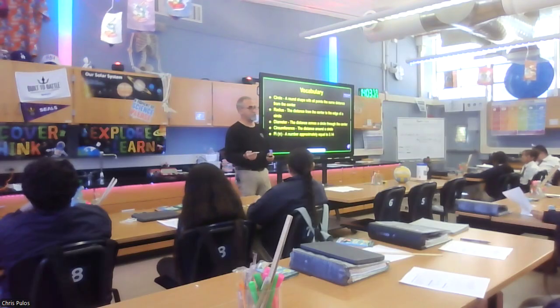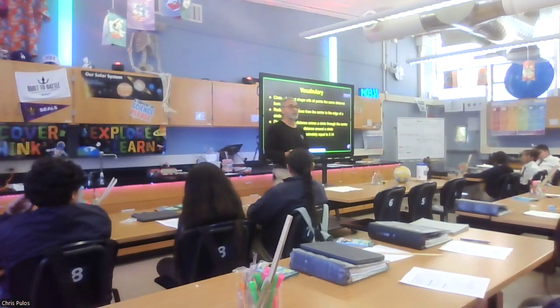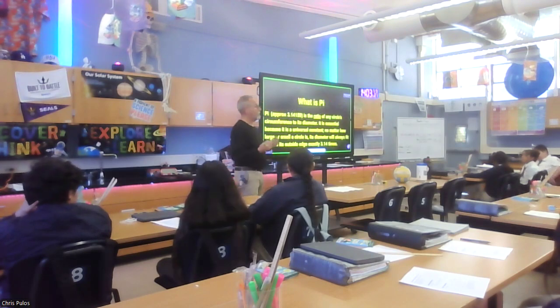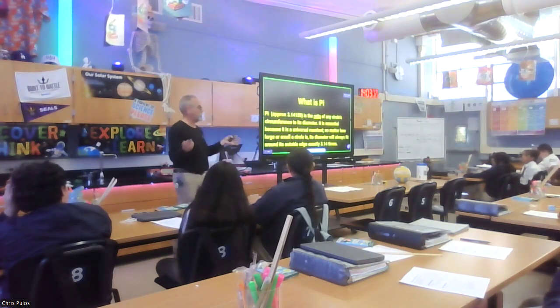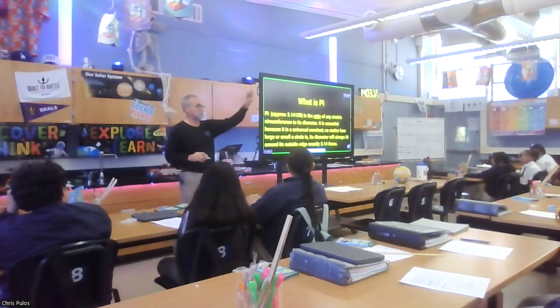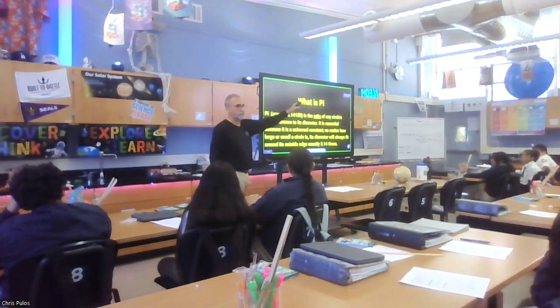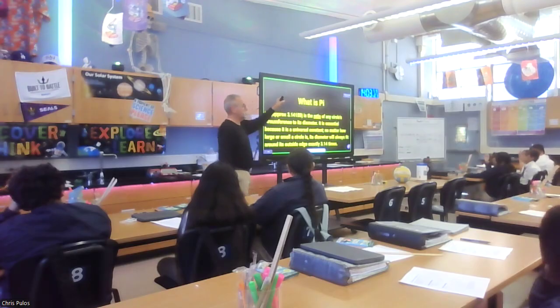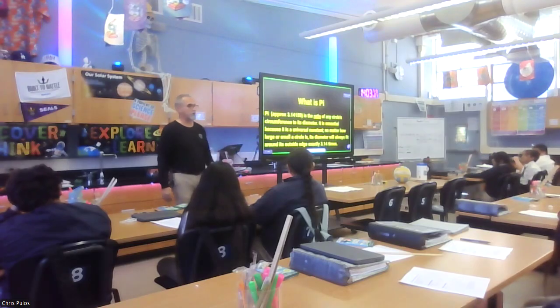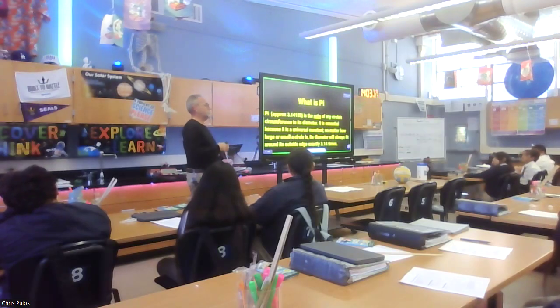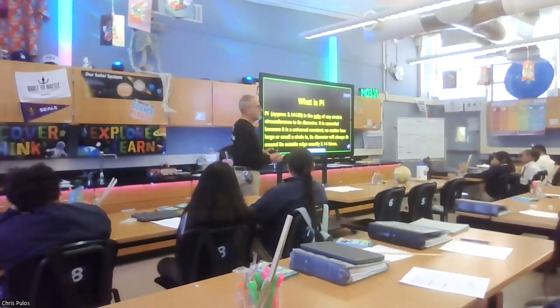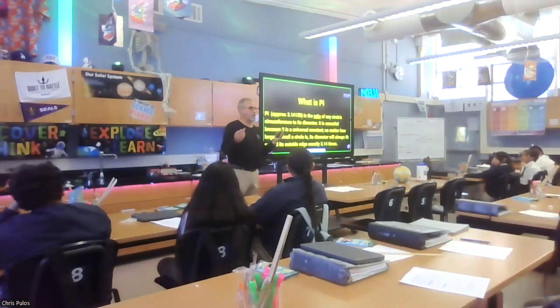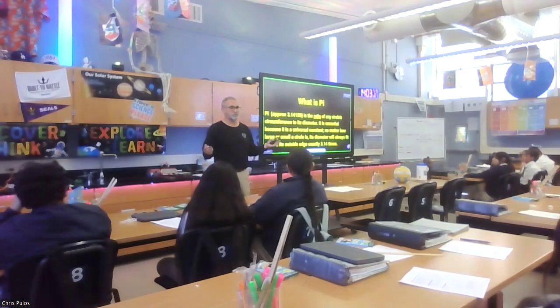Well, the definition is something that we've done this year, and that is a ratio. Pi is approximately 3.14159. It goes on and on forever. But it is a ratio of a circle's circumference, that means the circumference in relationship to its diameter. It never changes.